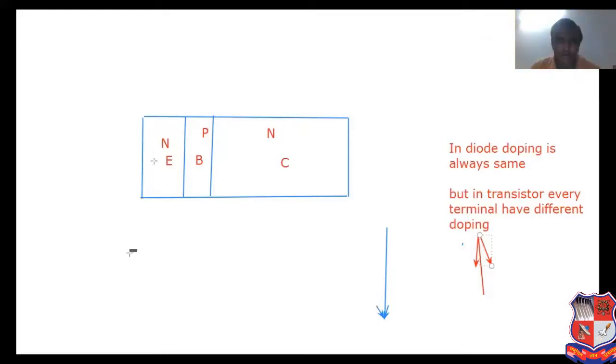Now in the emitter, there is a large number of electrons present in the circuit, a large amount of electrons. See this.